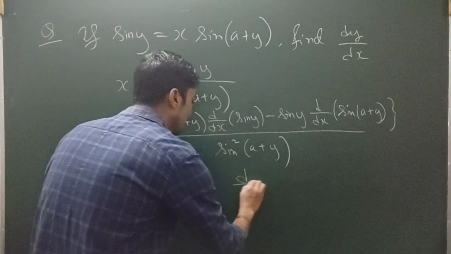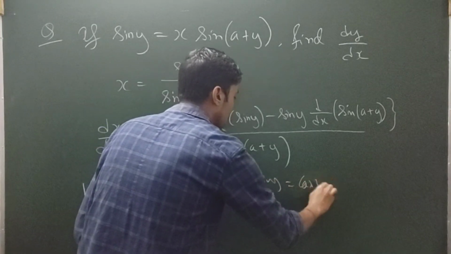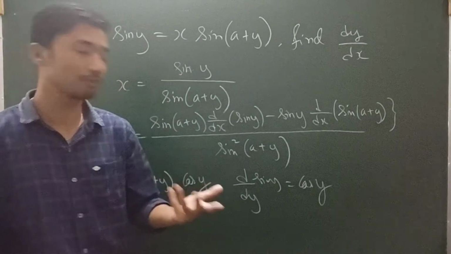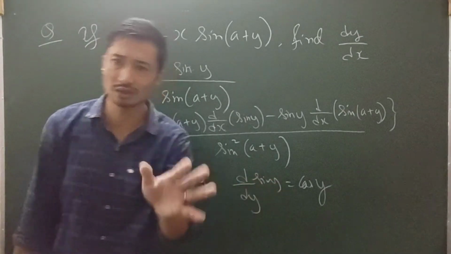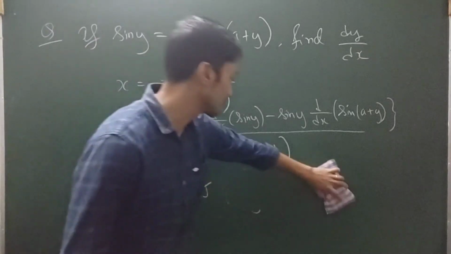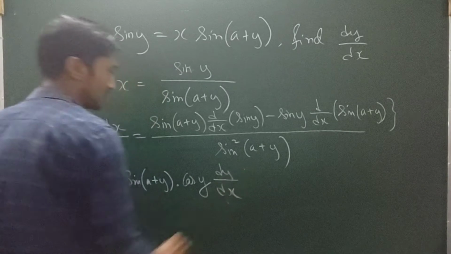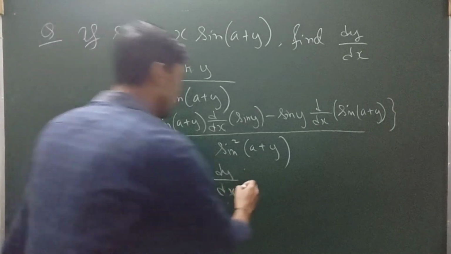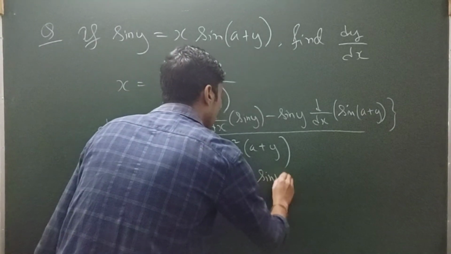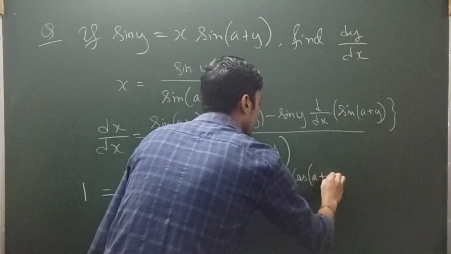See, if it was derivative of sine y with respect to y, no problem, job done, cos y, because the concept of chain rule doesn't apply, because it's y with respect to y, just one function, not composite functions. But here we have composite functions. So what happens? Dy by dx, chain rule concept, minus sine y, again this is cos of a plus y.